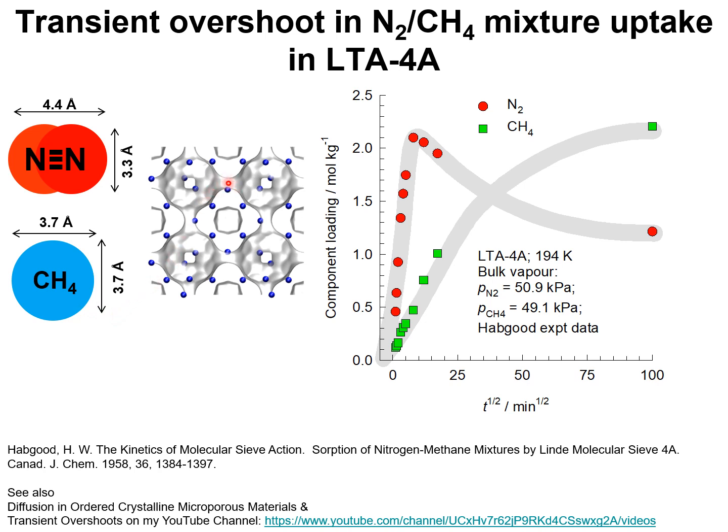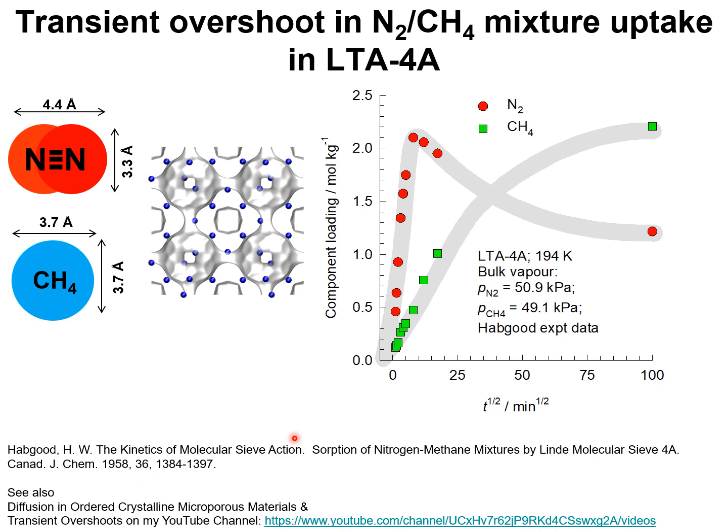And since the aperture is only 4 angstrom, the diffusivity of nitrogen is about 20 to 25 times larger than the diffusivity of methane. The higher diffusivity of nitrogen within the pores of LTA4A leads to higher loading of nitrogen during the transient approach to equilibration.